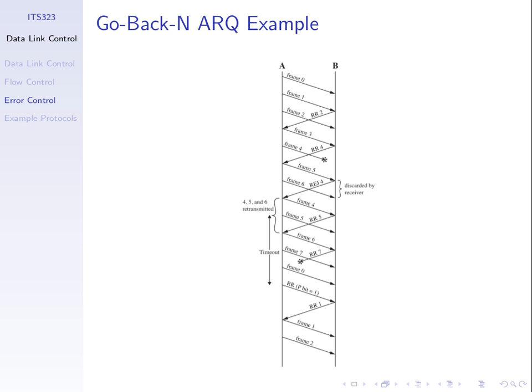We need another thing. Why doesn't B just request 4 again, without saying reject? And that's what this reject is. It's really requesting to resend 4. So it could have been an RR. No, an RR is like a positive ARQ saying, thank you, I've received things, I now expect 4.